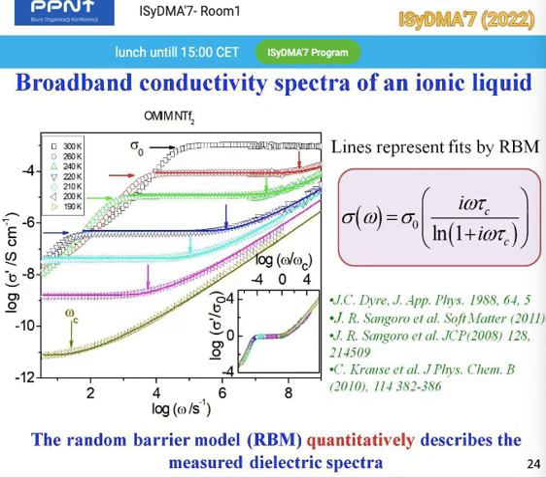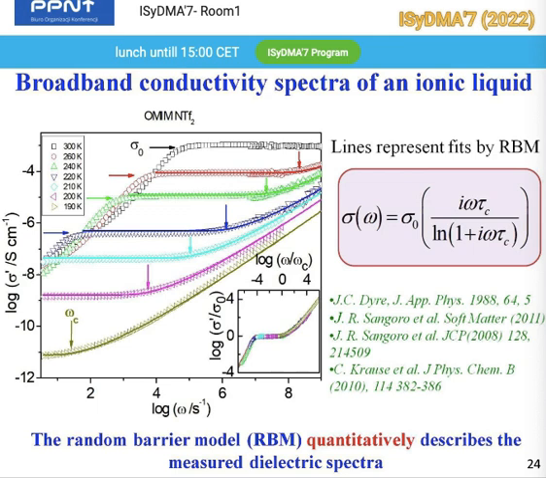Now let's start with the first measurement. This is a measurement of an ionic liquid. This is sigma prime versus frequency at different temperatures, as indicated here. We observe first a plateau, but with increasing temperature, we observe also that electrode polarization becomes dominating. But still, we have here this plateau describing sigma C, the DC conductivity.